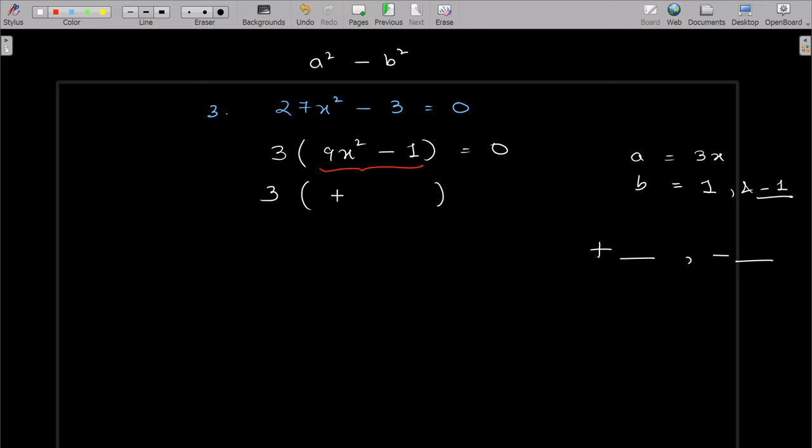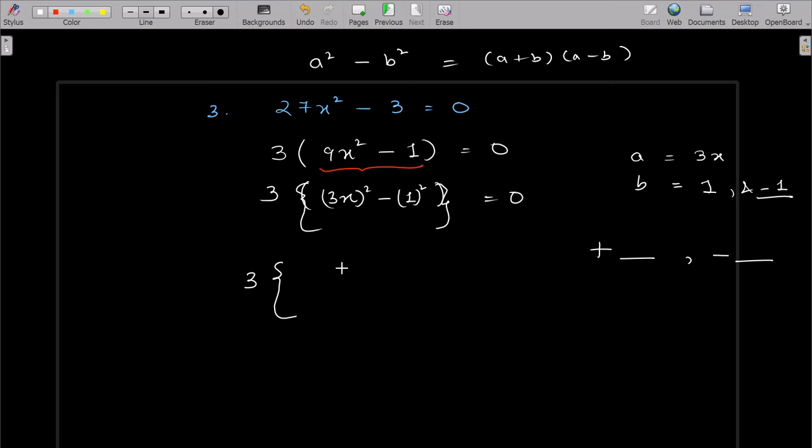So this is 3 times (3x square minus 1 square), and I'll make these curly brackets. This was a plus b and a minus b. So what will be the two linear factors? It'll be 3x plus 1 and 3x minus 1.